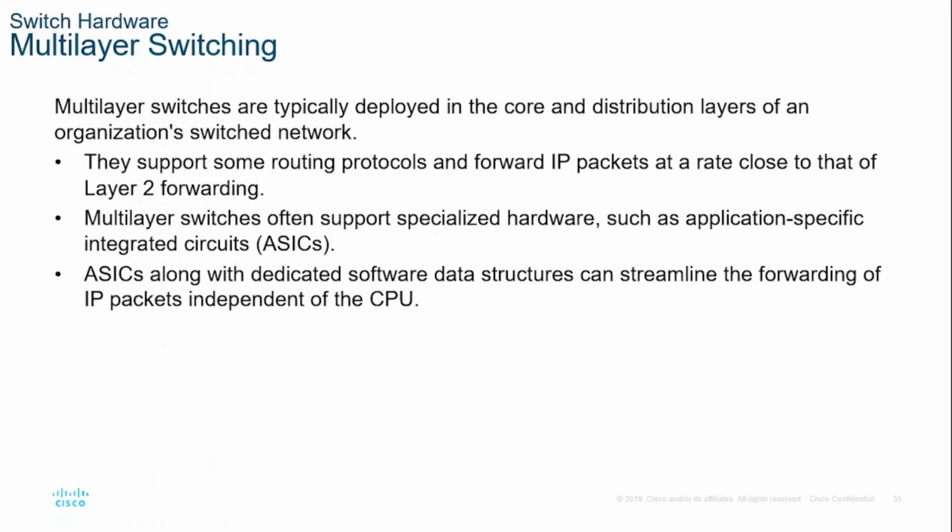Multilayer switches often support specialized hardware such as an application-specific integrated circuit, or ASIC. ASICs, along with dedicated software data structures, can streamline the forwarding of IP packets independent of the CPU.